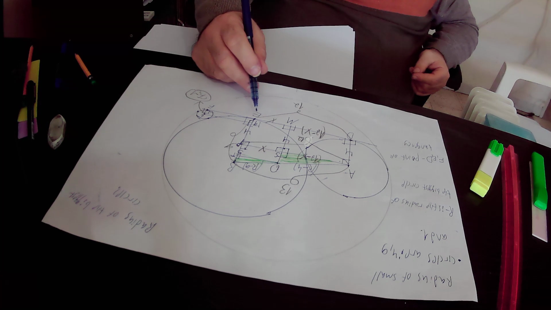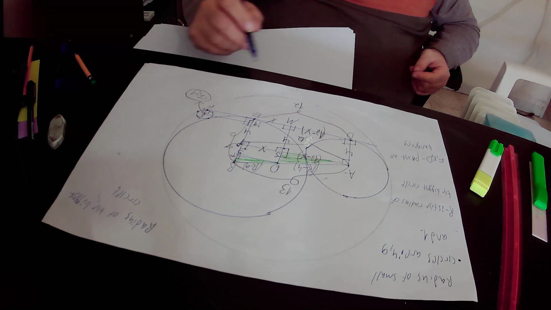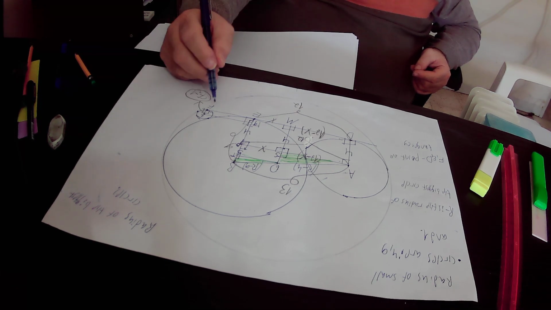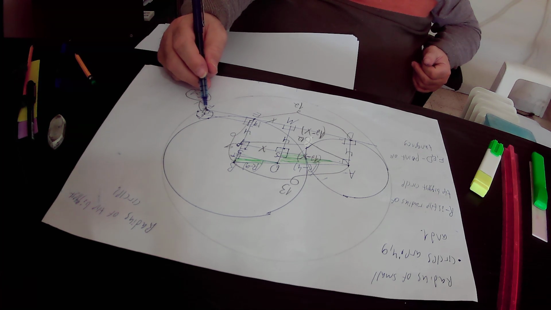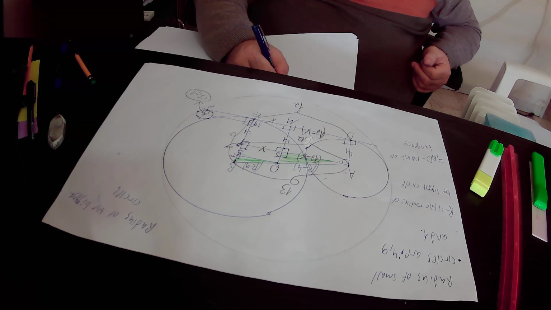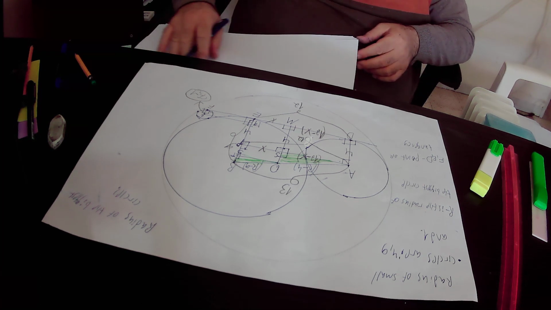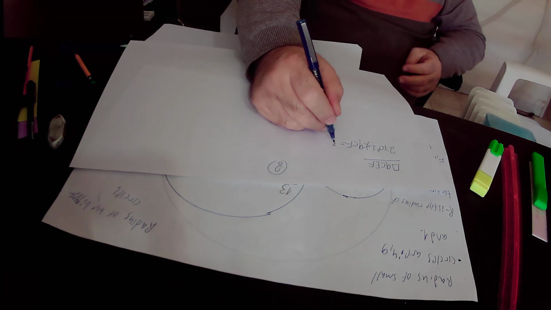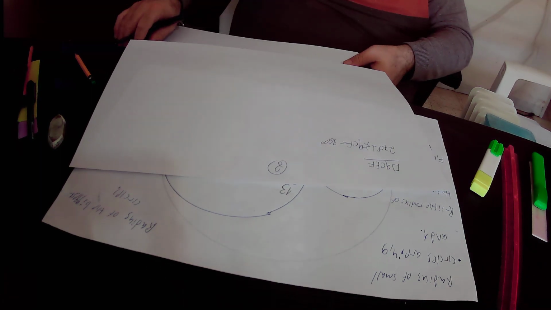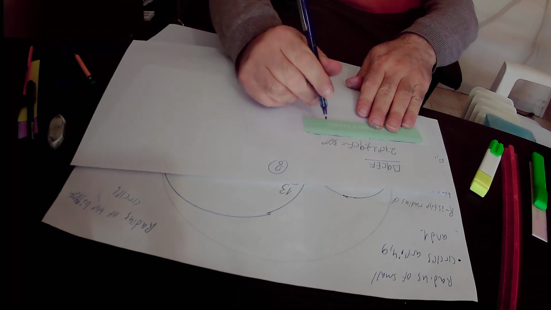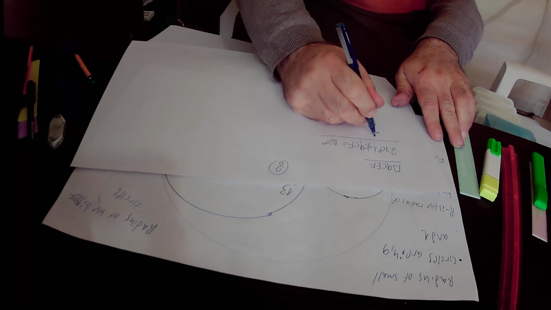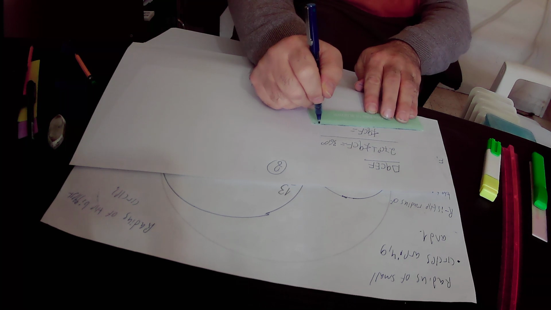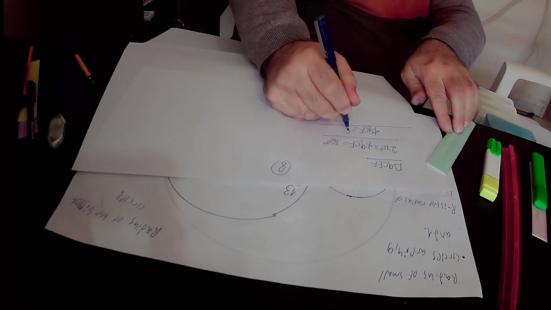In quadrilateral QCEF, we have 1, 2, 3 right angles. The sum of 3 right angles is 270 degrees, plus the size of the fourth angle, that is actually angle QCF. In total, the sum of those 4 angles must be equal to 360 degrees. Here we will subtract 270 degrees, and we will get that the size of angle QCF equals 360 degrees minus 270 degrees, that is to say it equals 90 degrees.